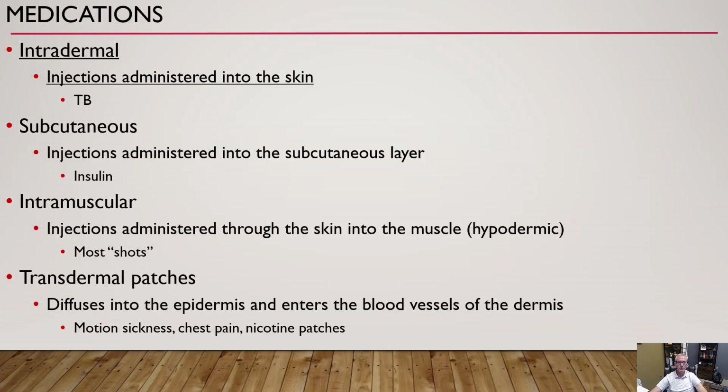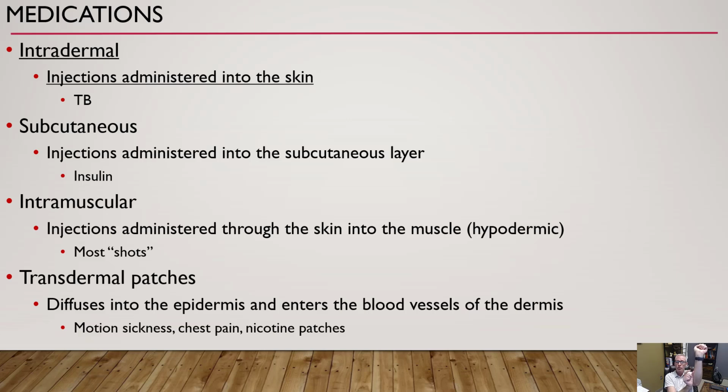We have different types of injections that we can do. Intradermal injections are administered into this layer of the skin. So if you've ever had a TB shot before, it goes right here in your forearm and it makes a little bubble.